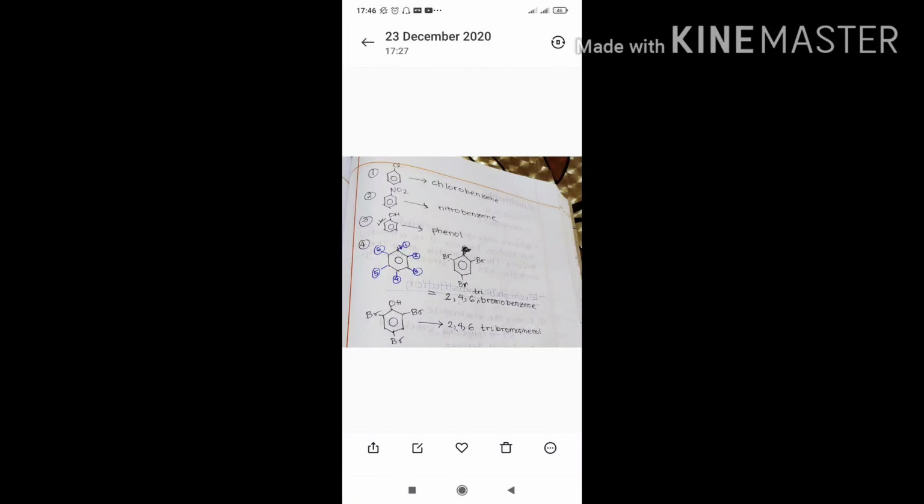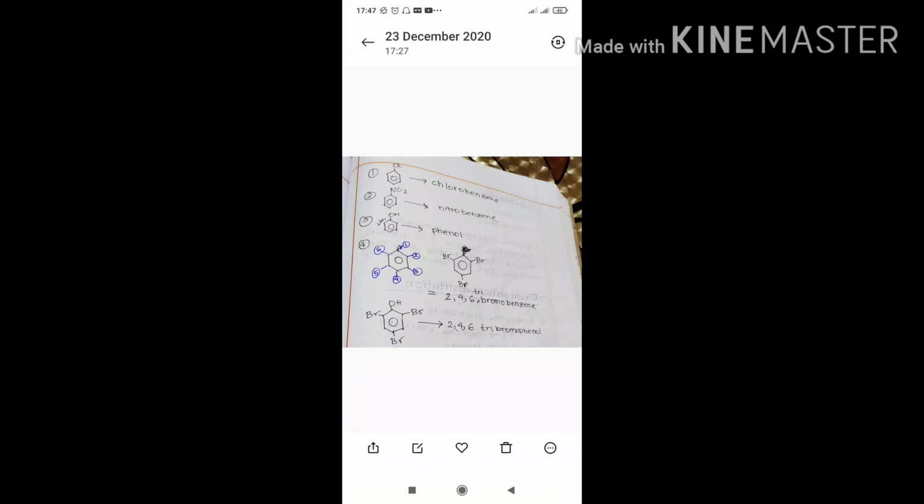Now let's talk about some compounds here. Let's see. The first compound is a chlorobenzene because we have benzene and one chlorine, and the second structure is a nitrobenzene. Let's skip the third structure and let's go to the fourth structure.